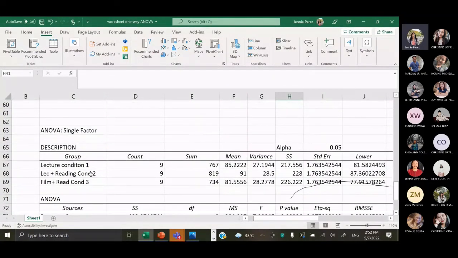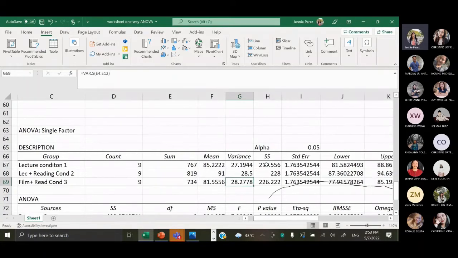You will see the descriptive statistics is given by RealStat. So there are 9. The count here is 9 for each group. 9 in all groupings. Then the sum of their scores are here, and then the mean score are here, and then the variance is given here. Wala yung SD. It's the variance. However, it's easy to get the SD.